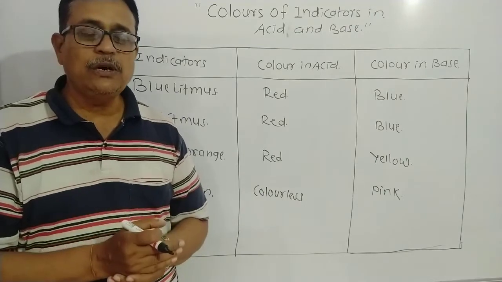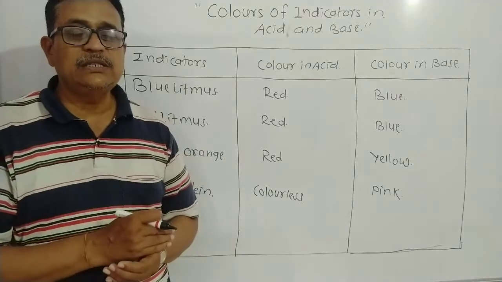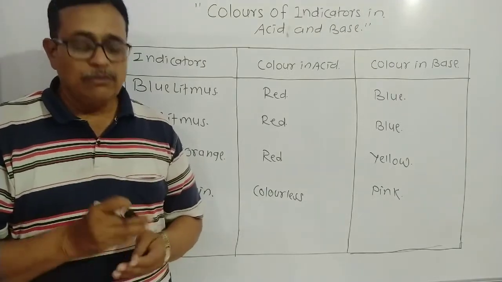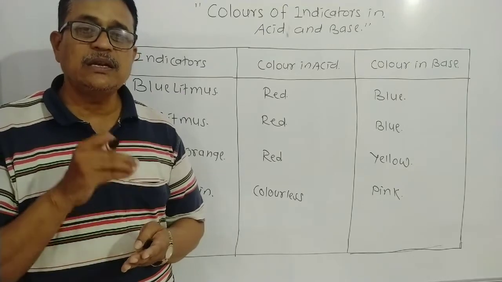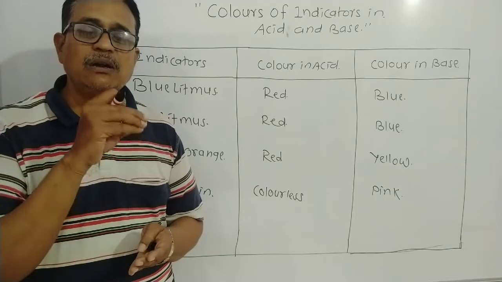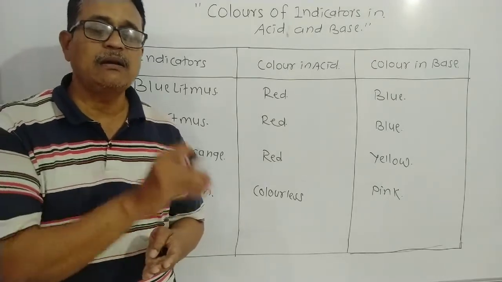When we put red litmus in both solutions, it changes color in base but remains as it is in acid. This is how we identify the acid solution and the base solution, by using the two litmus papers, blue litmus paper and red litmus paper.